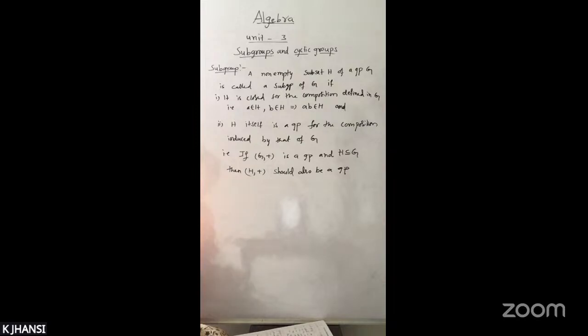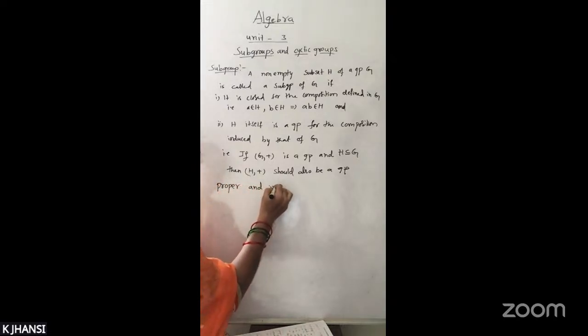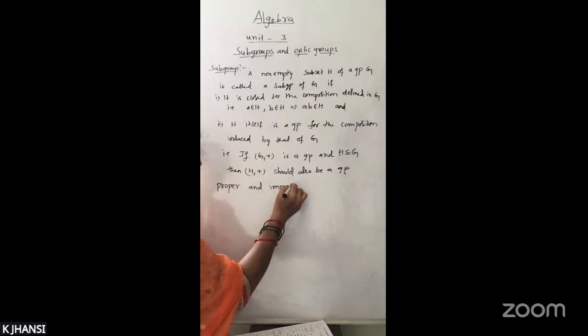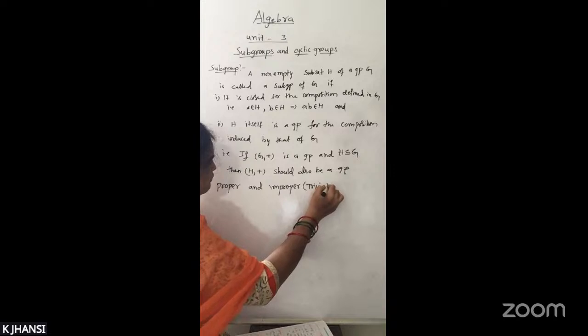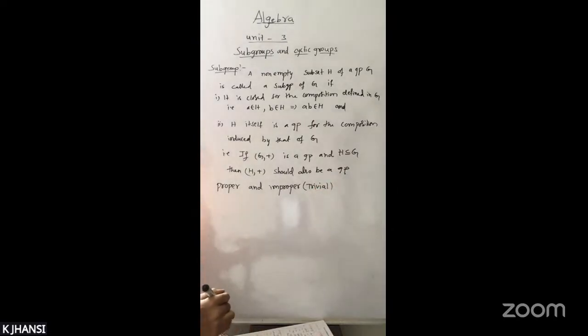After the subgroup, we have proper subgroups and also improper subgroups. On this also you will have some theorems. Proper and improper, or we call improper as trivial. Trivial subgroup.